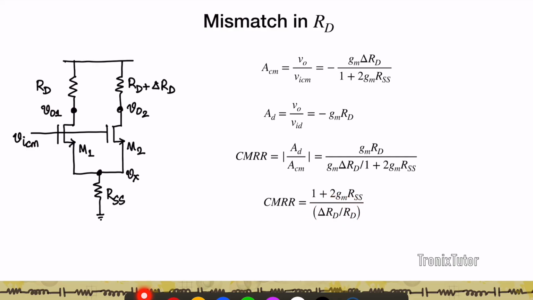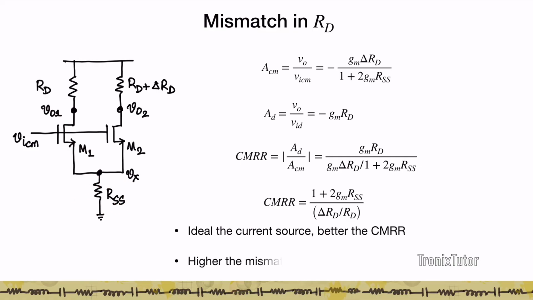So you see something which is expected is that as you make the current source more and more ideal, you're going to get a better CMRR. So if you want a good differential amplifier, you want to ensure that this RSS is as high as possible. And the second thing you want to do is reduce the mismatch as much as you can. The higher the mismatch, the lower the CMRR.